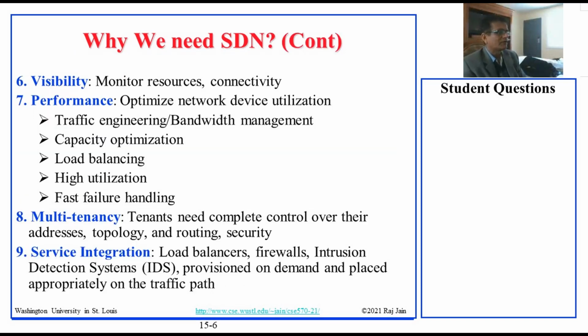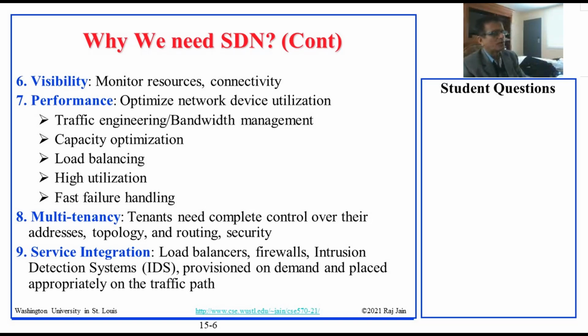And then performance, of course, because now you can optimize the network device utilization. And multi-tenancy, a lot of people can share the network. And service integration. You can put everything, not just routing, but also load balancers, firewalls, intrusion detection systems, etc. can be provisioned.